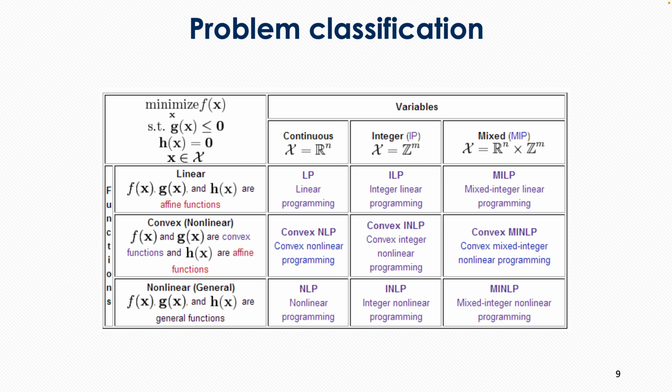Yes? What is an affine function? So affine is a particular mathematical property of functions. I don't want to get into the specifics of what defines it because I don't want to confuse people.